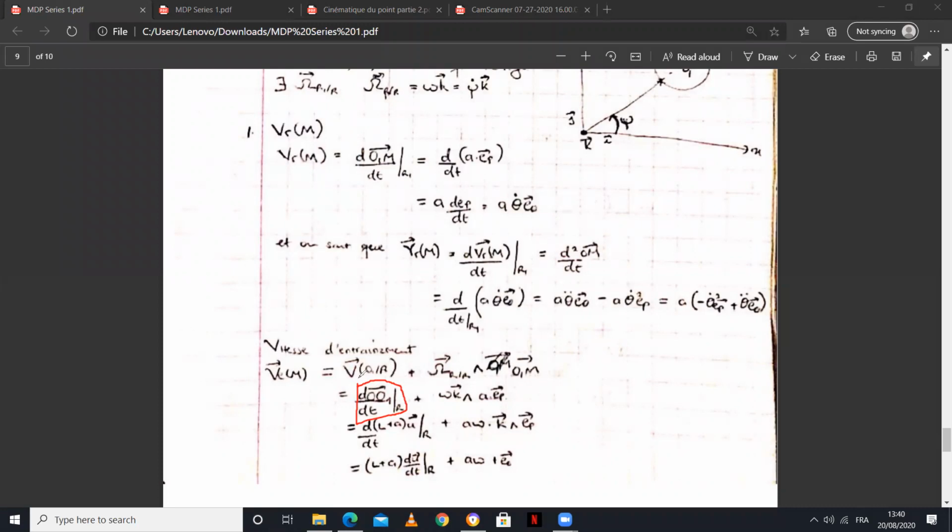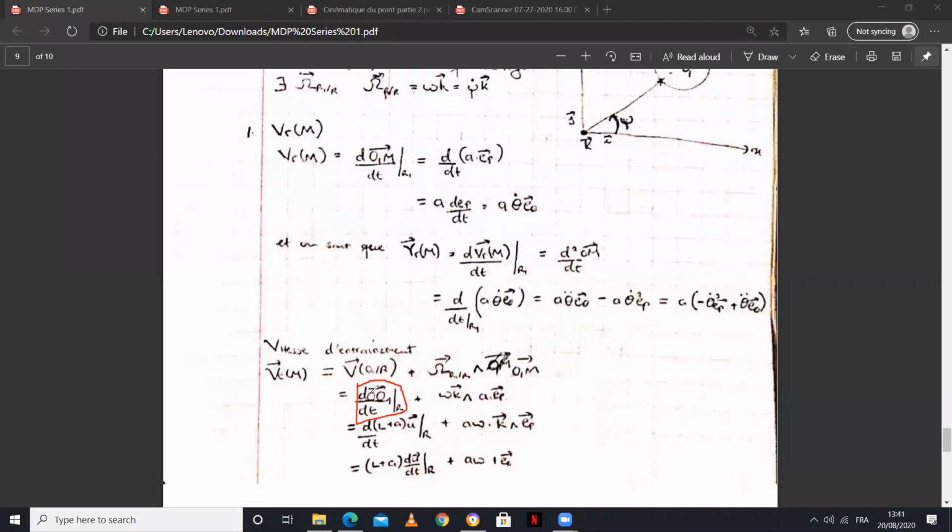But for you, you know that if I'm doing vitesse de OA, the point I'm trying to get to is OA, and I'm working in R, so I need to get the vector position of OA in R. That means I'll be moving from the origin in R to the point OA. The origin of le repère R is O, so I'm going to move from the origin O to the point OA.